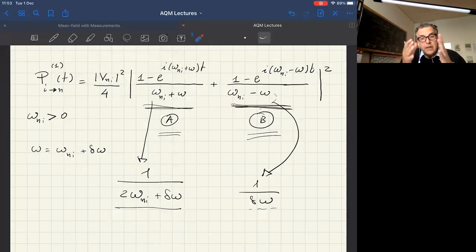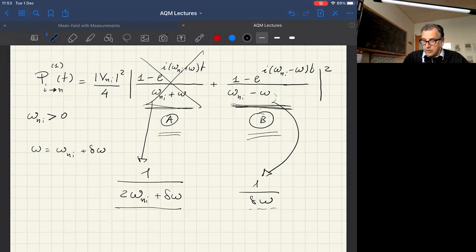Okay, so there may be different situations. But if you take a pair of levels and you choose a frequency which is close to that particular difference, then we saw mathematically that this term is much smaller than this other. So this is the dominant. B is much more important. So what happens? If you tune the external frequency close to the natural frequency, then the probability of transition is greatly enhanced.